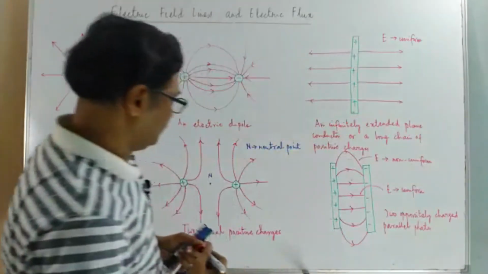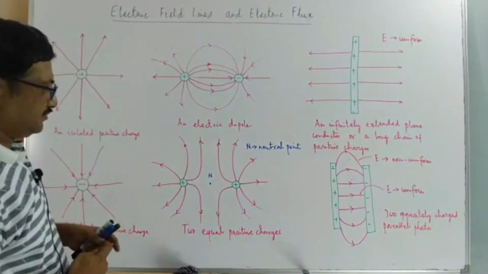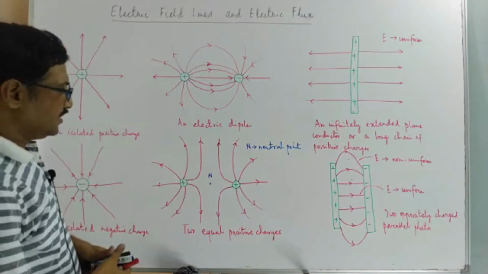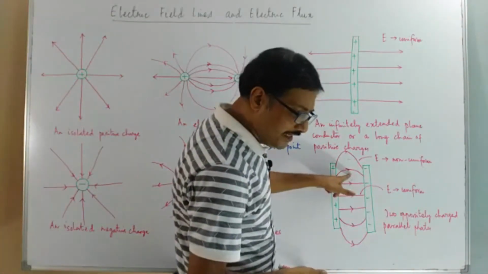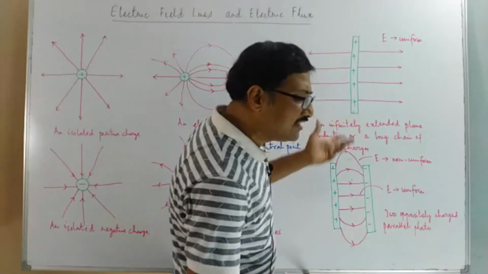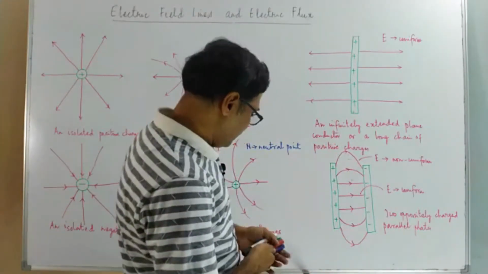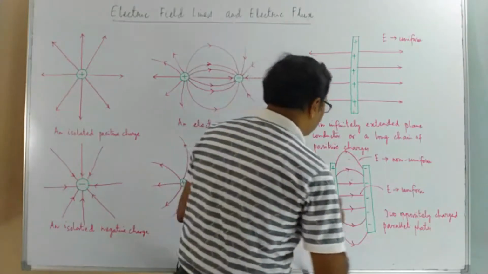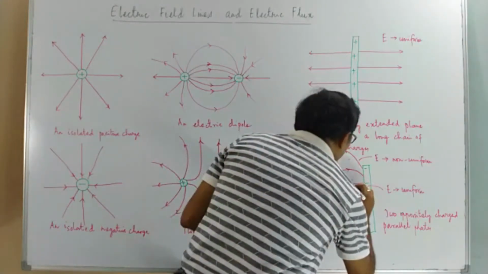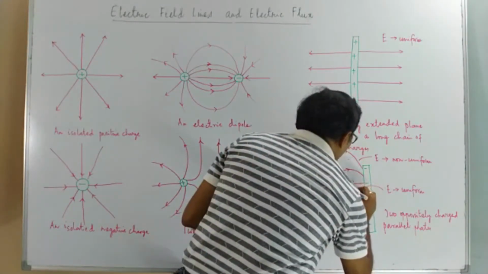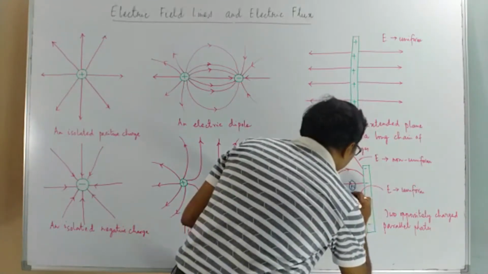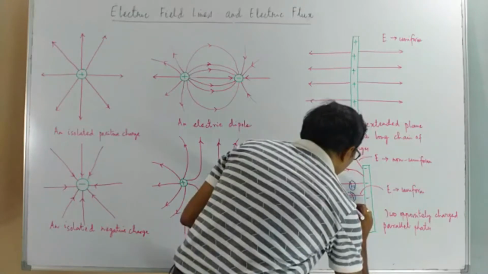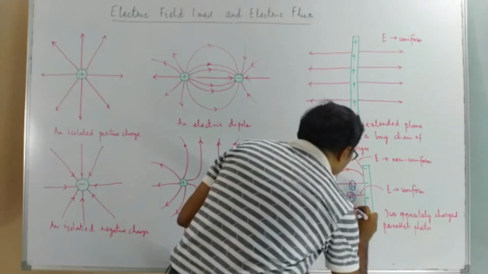The non-uniformity in the electric field at the edges can easily be explained. Let us consider one unit positive charge at this position, one unit positive charge at this position, and another unit positive charge over here.